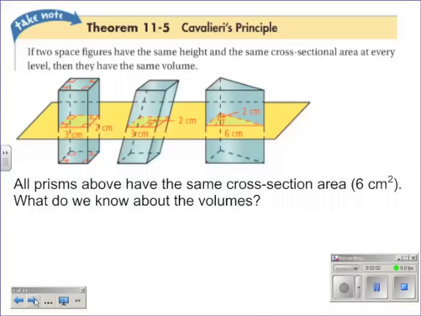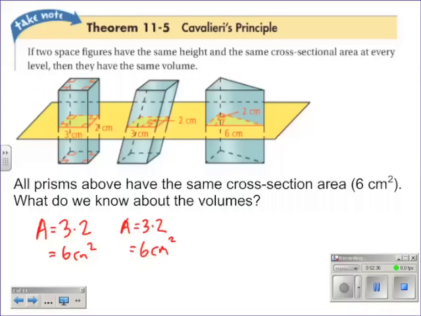If we look at the cross-sectional area, this first one is a rectangle. It's a 3 by 2 rectangle. So the cross-sectional area of the first one is length times width, 3 by 2, which gives us 6 centimeters squared. The middle one has the same cross-sectional area: length times width, 3 times 2, so it is 6 centimeters squared.